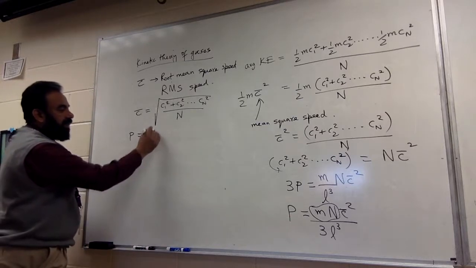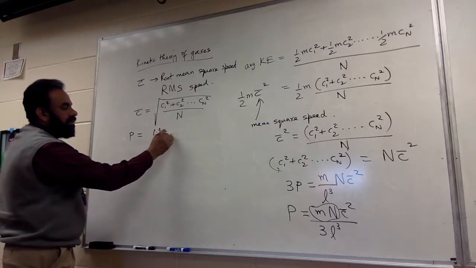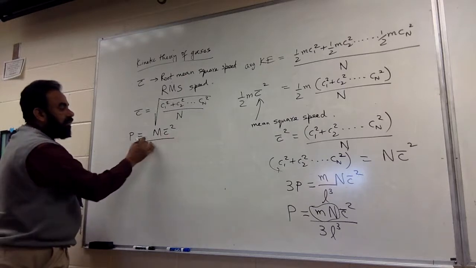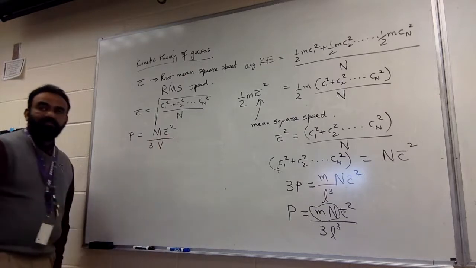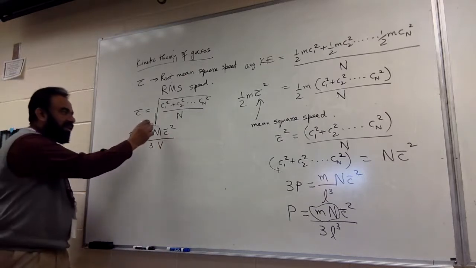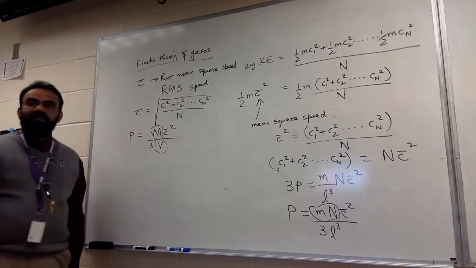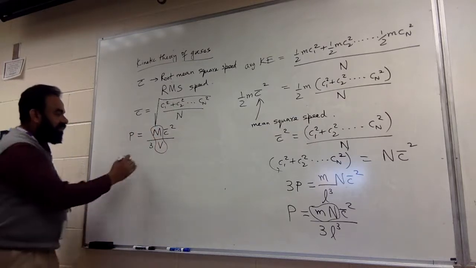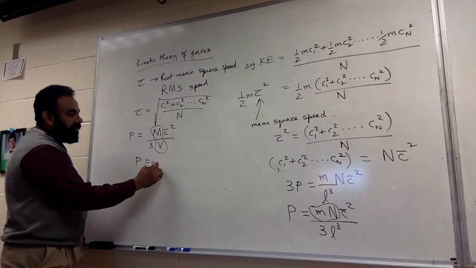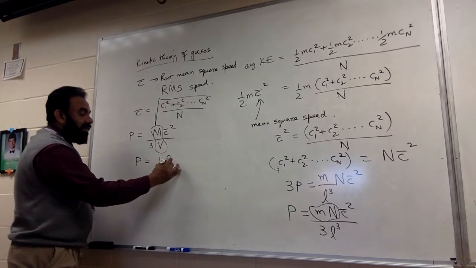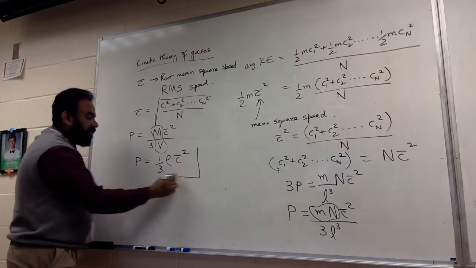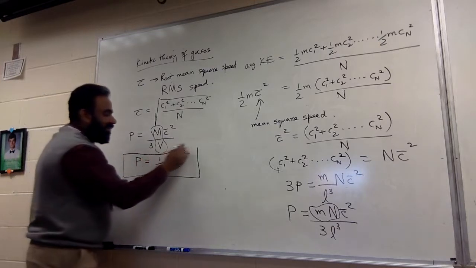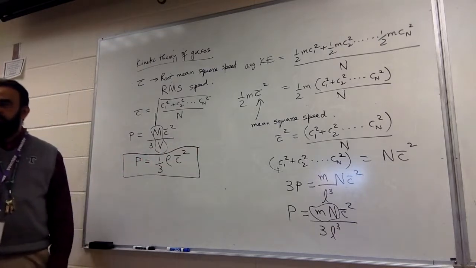So it is mass of the gas, c bar squared, over 3 times volume. Now what is that? Density. So now pressure in this room is 1/3 density c bar squared. That is our climax.